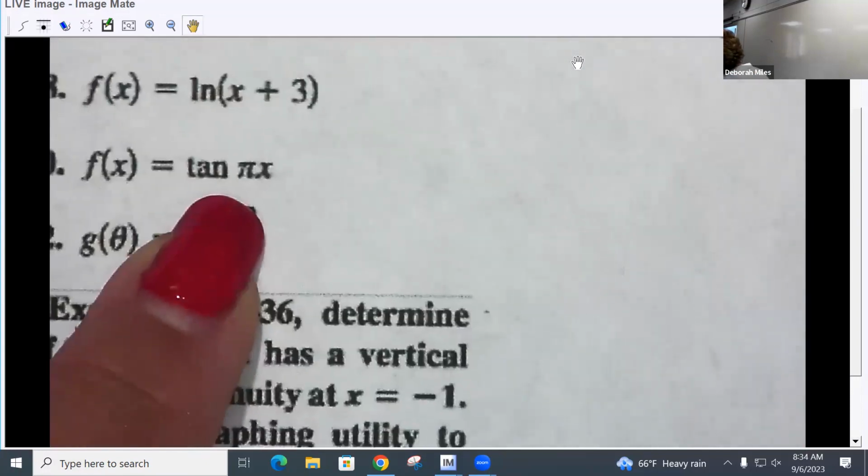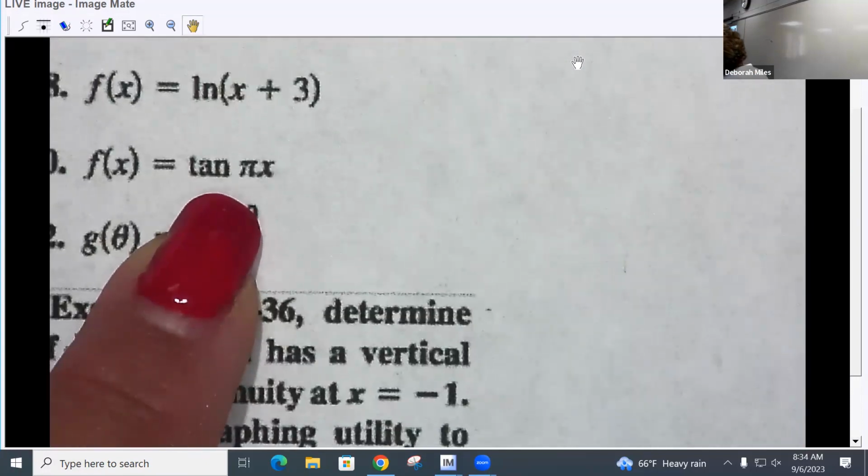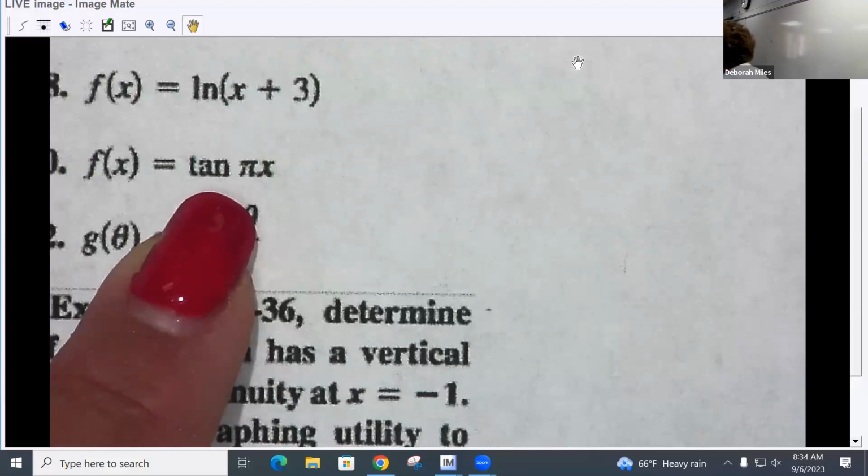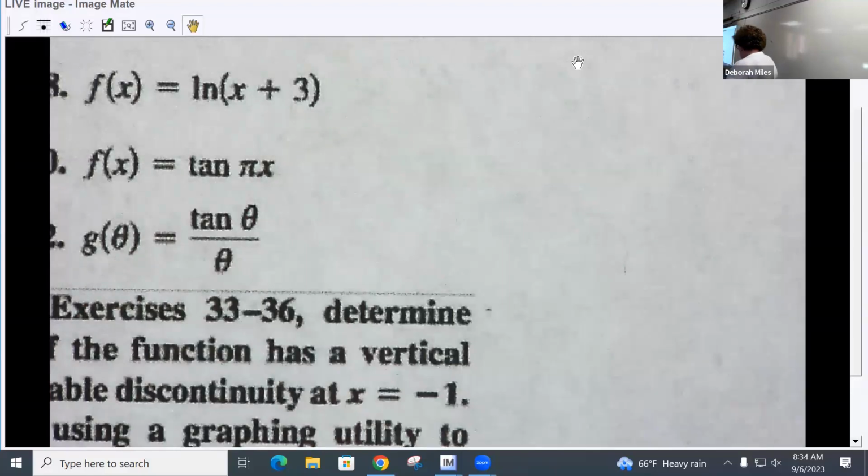What about 30? Where would tangent pi x have vertical asymptotes? What does that pi change about the function as compared to just tangent x? What's different when you graph tangent pi x? Abigail spoke, well said.